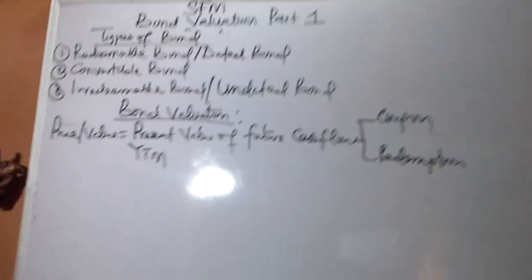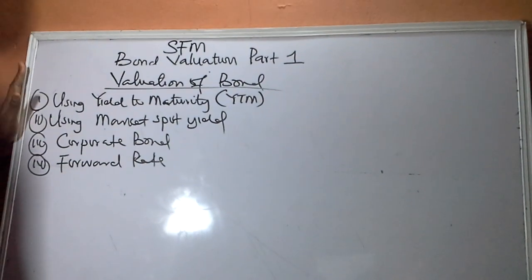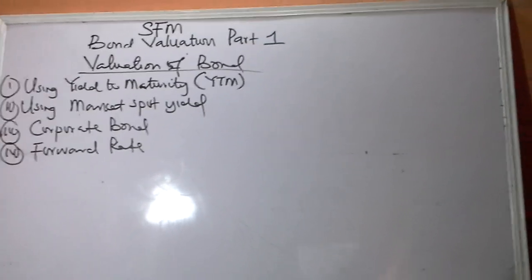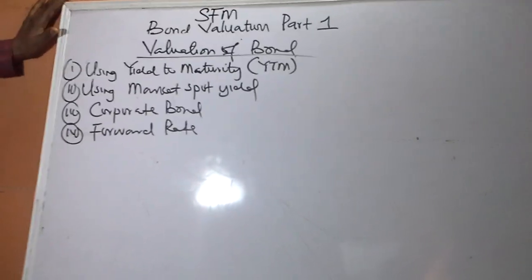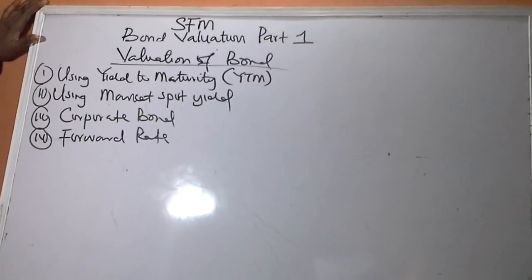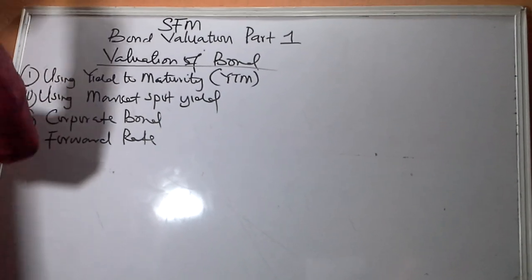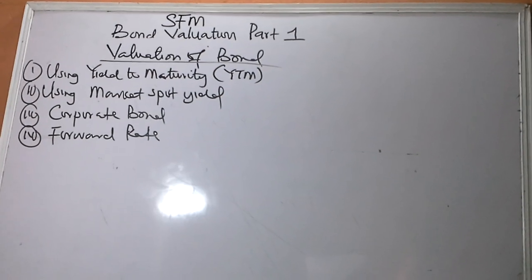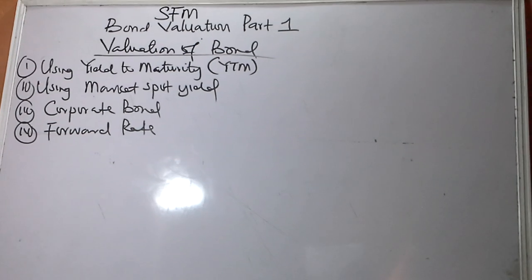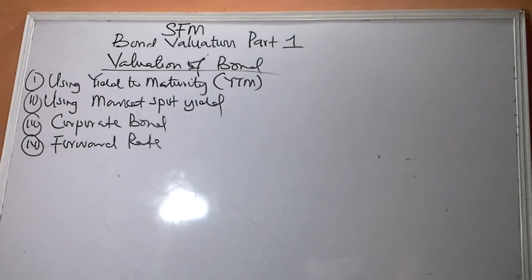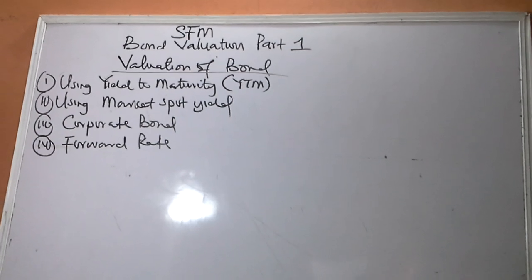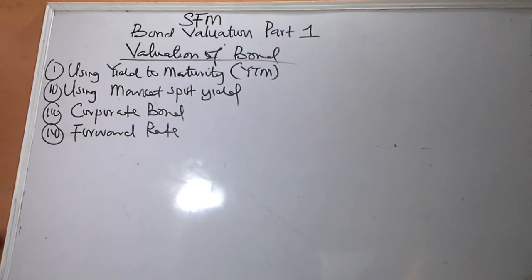So that is that. Bond valuation, that is getting the price of the bond, can be done in four ways. One is using yield to maturity, that is, bond valuation can be done with yield to maturity. Two, using market spot yield. Three, by what? Corporate bond value.